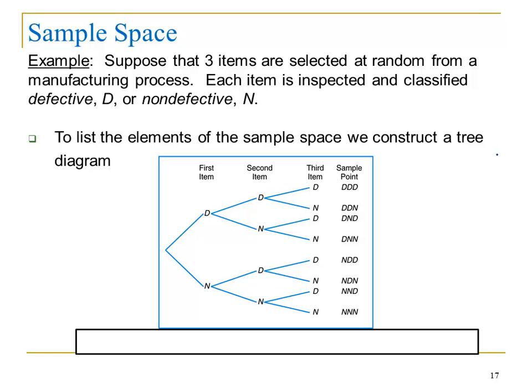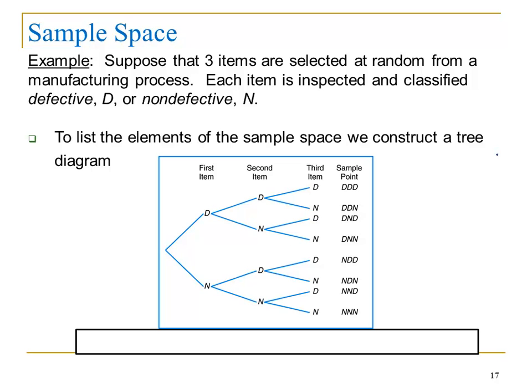Same thing for the third item. Defective or non-defective. So for that type of experiment, we can list the outcomes using a tree, which is represented right here. This is what we call a tree. So what we're trying to do is to define our sample space by using this diagram.